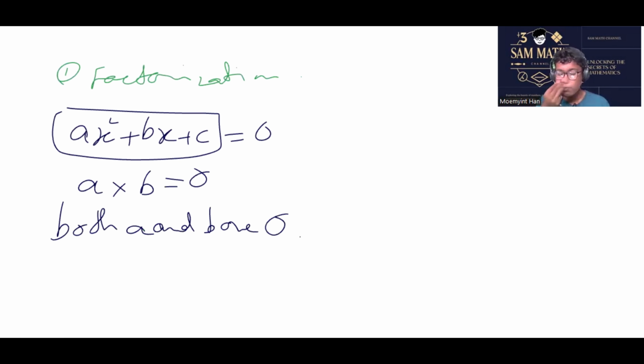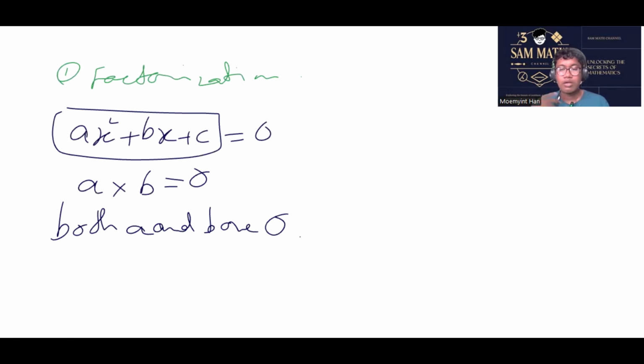We're going to factorize a quadratic equation into a product that equals 0, solve it, and find the solution. Most of the time, the solution of a quadratic equation is two numbers, two integers, or two real numbers.